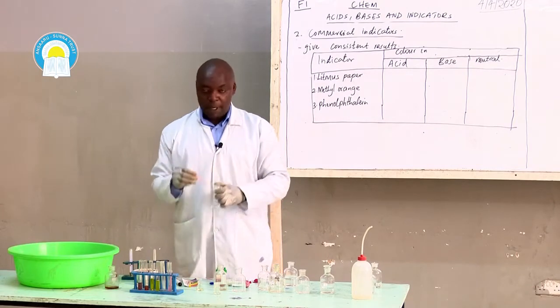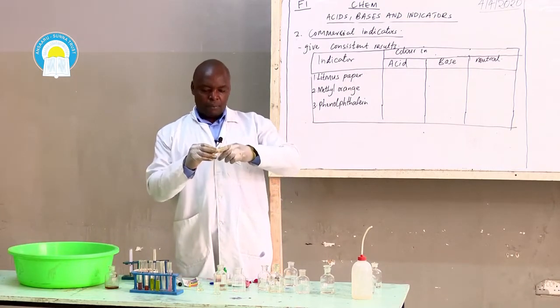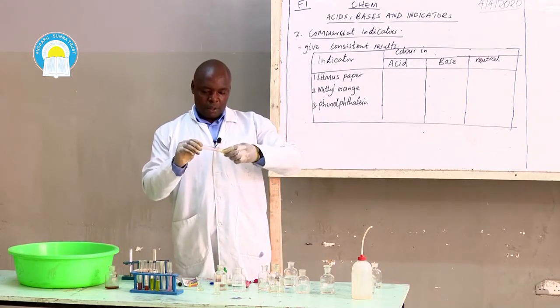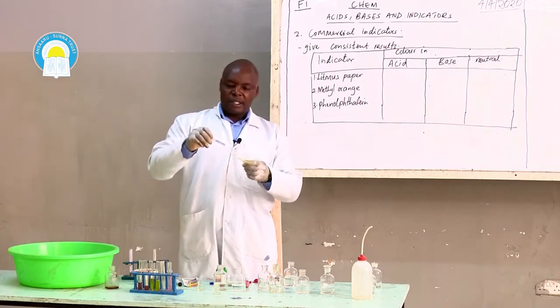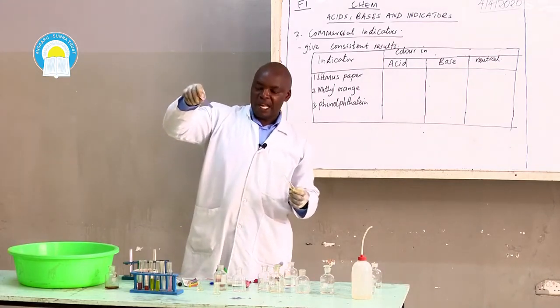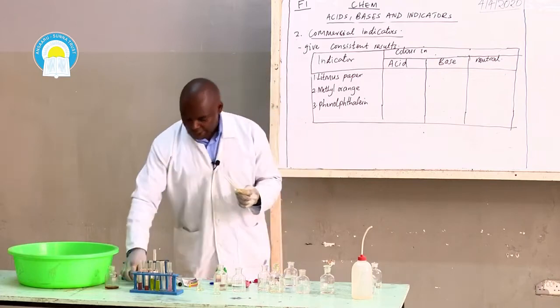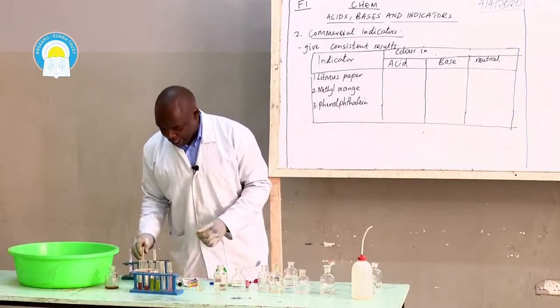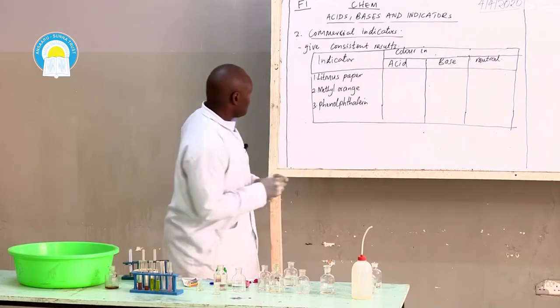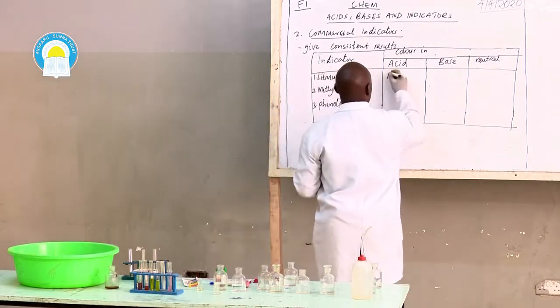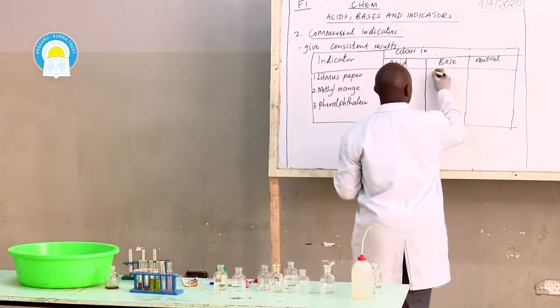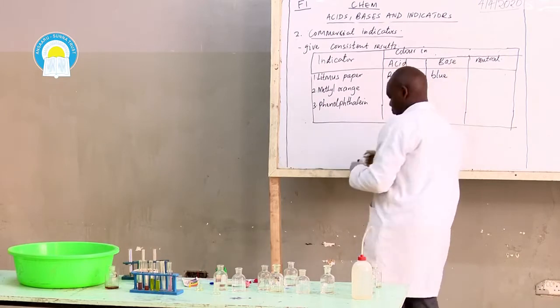So you can see red litmus paper turns blue. So it shows that the color of litmus paper in acid is red. In base, the color is blue.